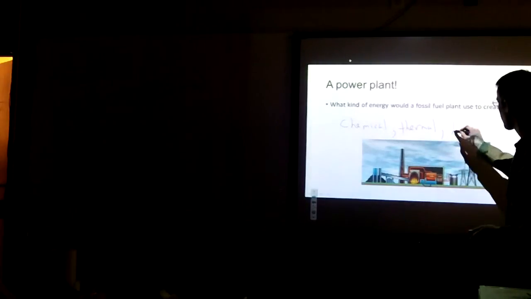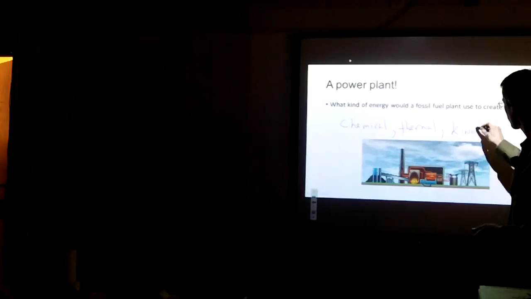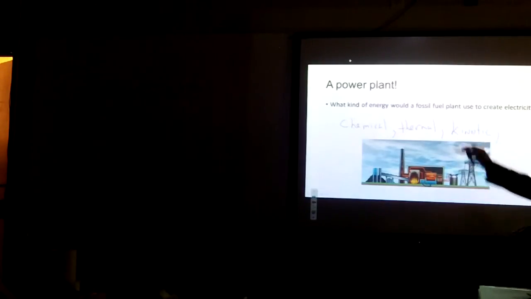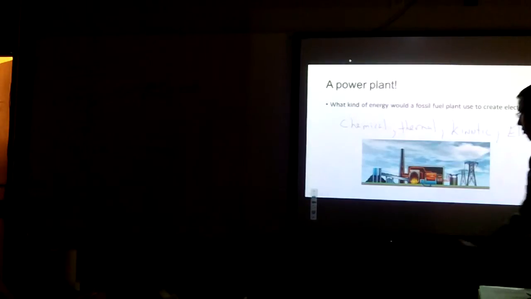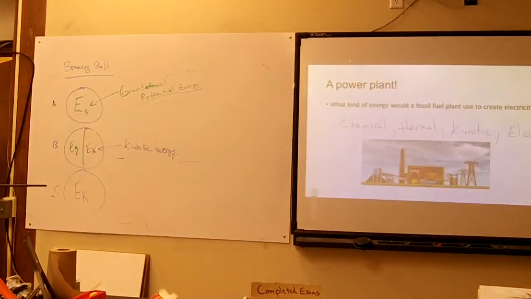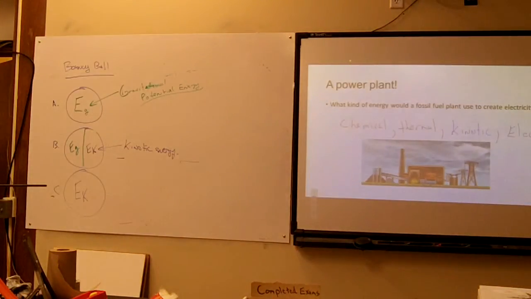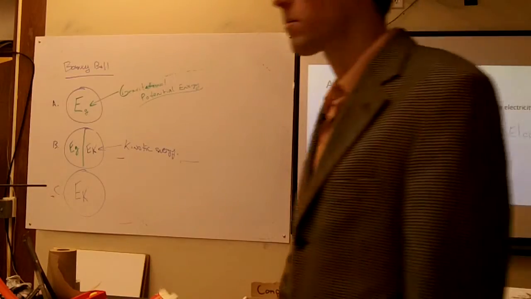So to kinetic, and then from kinetic it becomes electrical. So it goes chemical, thermal, kinetic, electric. That's how you create power. That's how most of the United States is run on coal-based power.